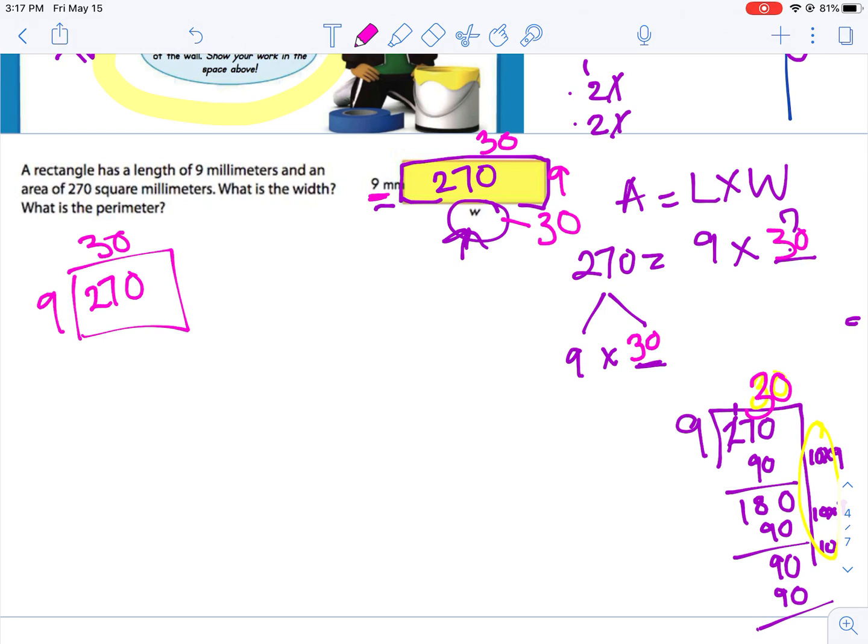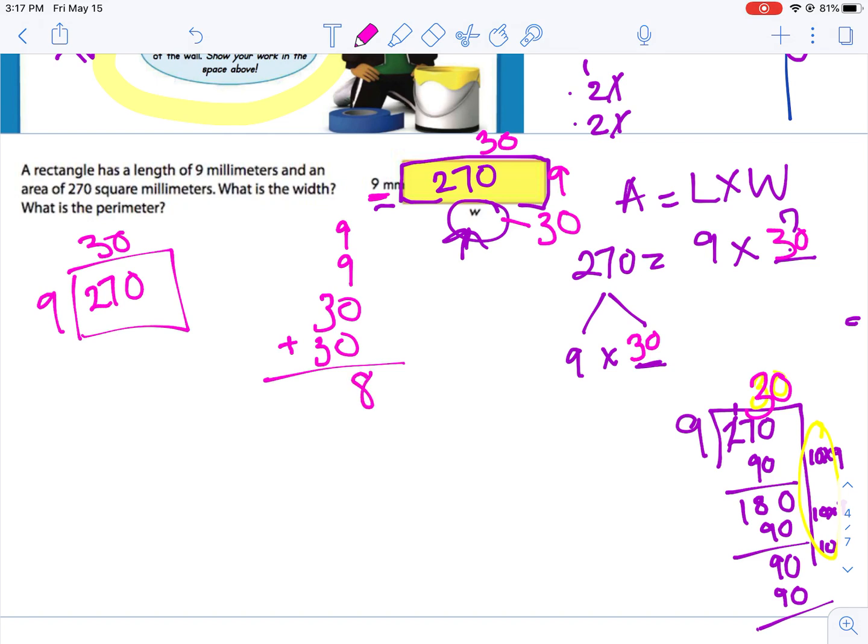And to find the perimeter, all we have to do is add those together. So if you didn't do that yet, go do that now and come back and see if you get the same answer. All right. If you're back or if you stayed, let's add these together. So we have 30 plus 30, and then we've got 9 plus 9, which we know is 18.